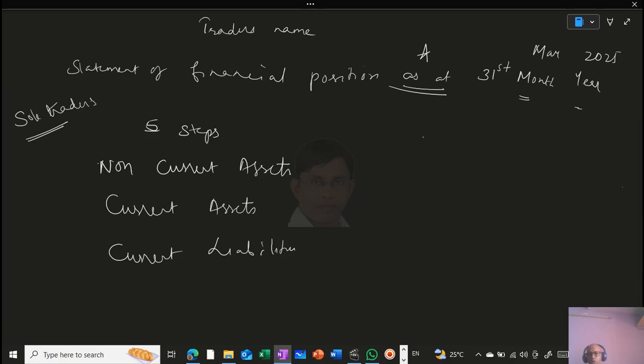Non-current assets: you have to first classify the items of non-current assets. Then you have to classify current assets, then current liabilities, non-current liabilities.